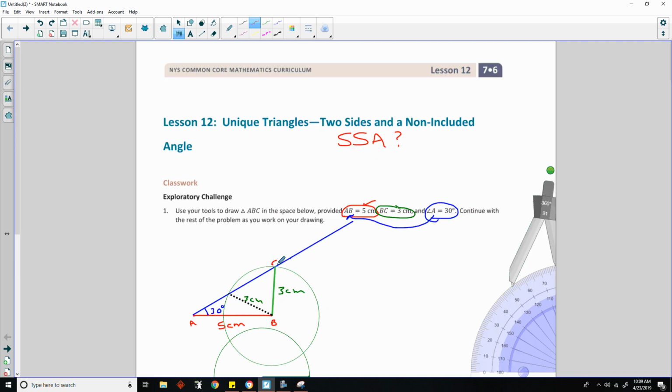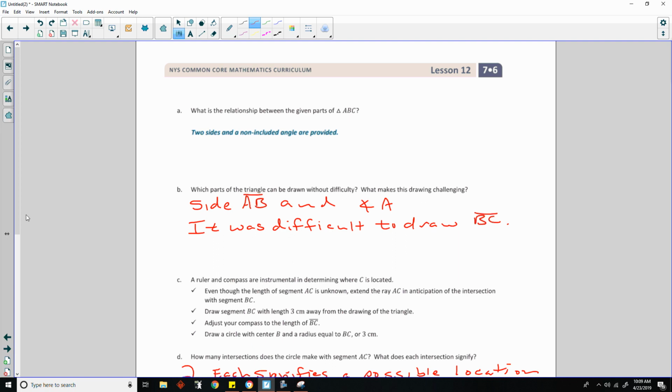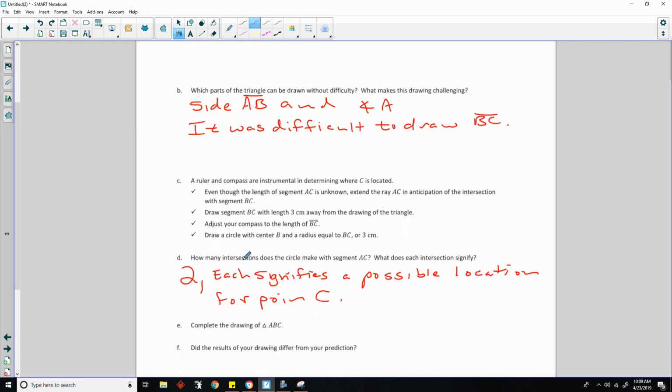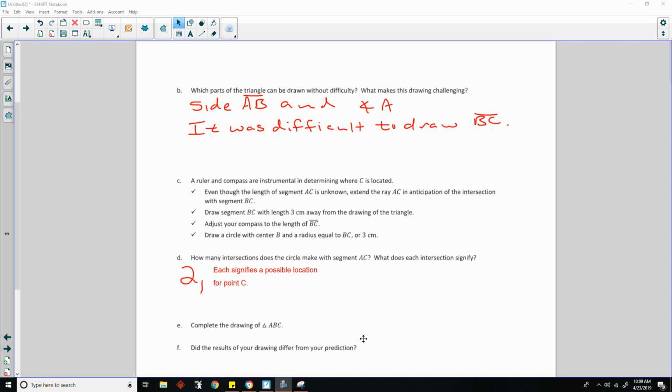And that was C. Okay, let me try to make that more legible. Okay, so each signifies a possible location for point C.